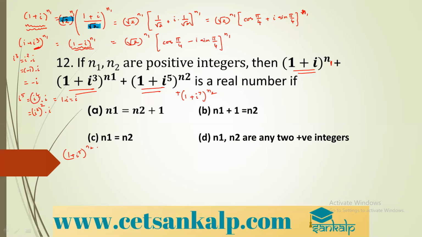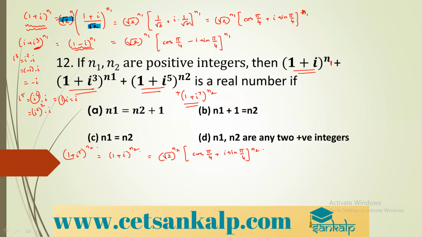So I get i power 5 as i, and (1 plus i) power n2. Now looking at the top, for 1 plus i, this time I will write root 2 power n2, and because it is 1 plus i, I will write (cos pi by 4 plus i sin pi by 4) whole power n2.